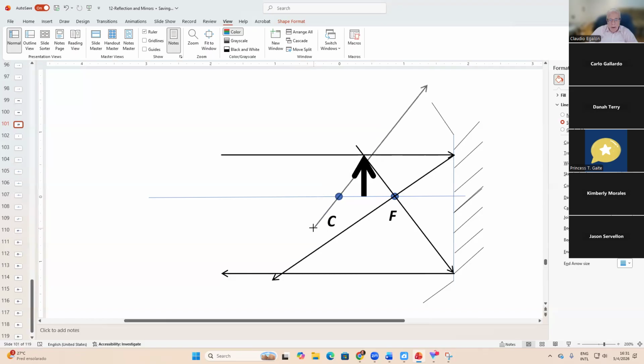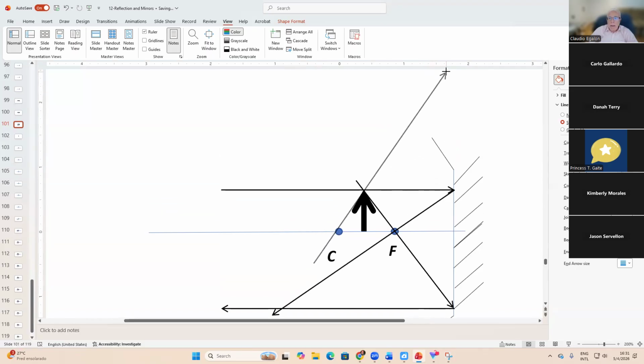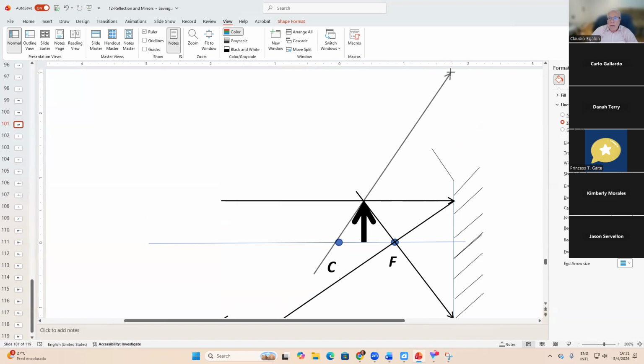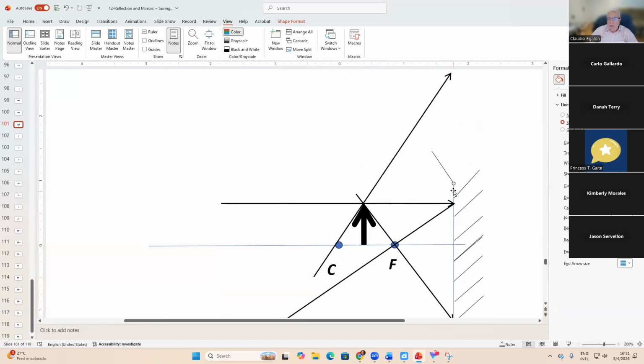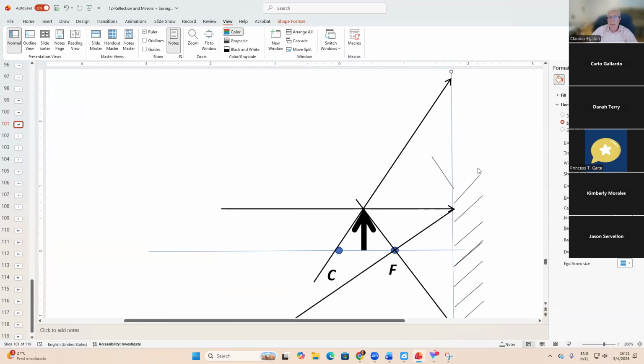Let's see if I can get it right. It is as though this mirror is extended all the way down here, okay? Let's see if I got it. That would be my third light ray.